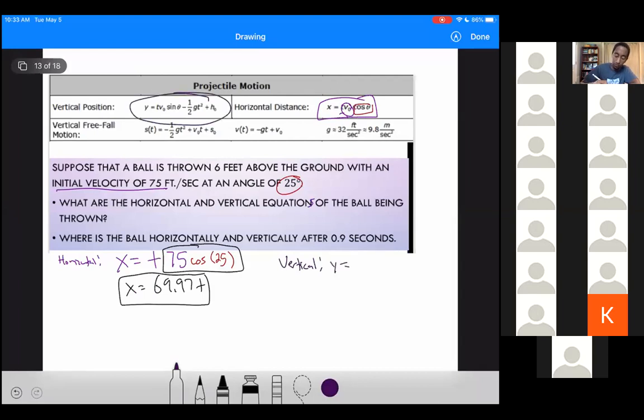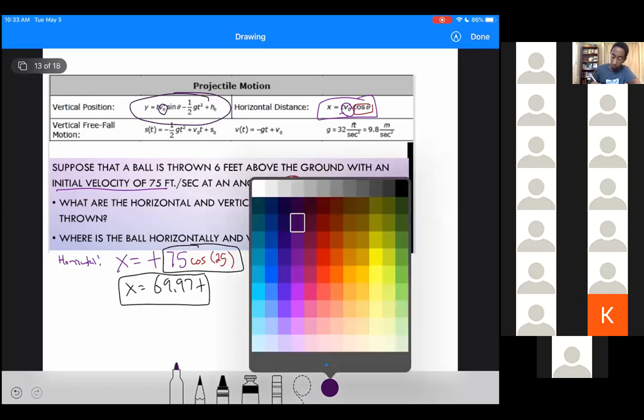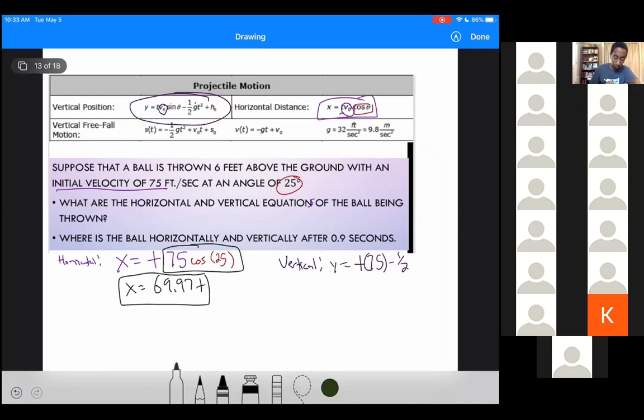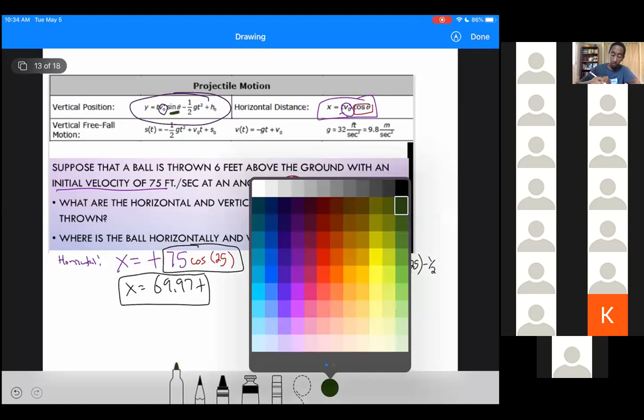So it'd be y equals t times our initial velocity, which is 75, times sine of theta, so that's sine of 25, minus 1/2 g t squared.